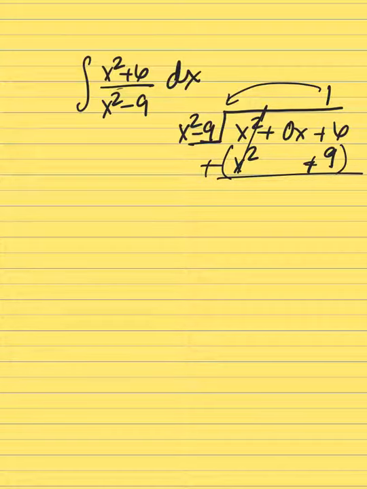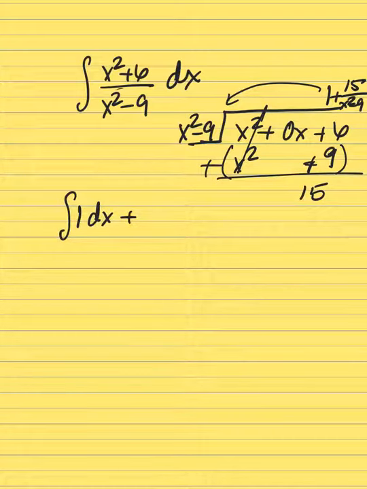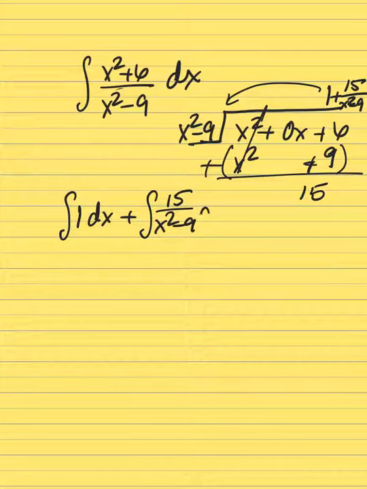And I get 15. So it becomes plus 15 over x squared minus 9. So now, what I'm really integrating is 1 dx, plus the integral of 15 over x squared minus 9. Well, the 1 is easy. The antiderivative of 1 is just x.